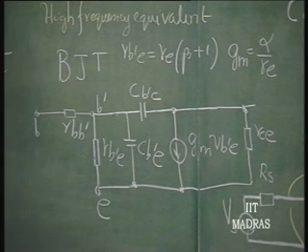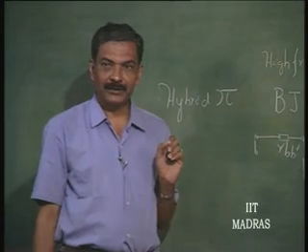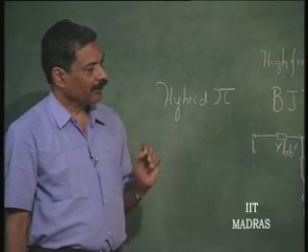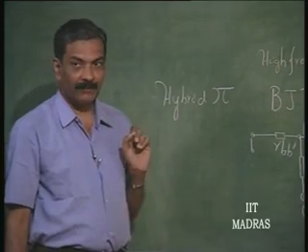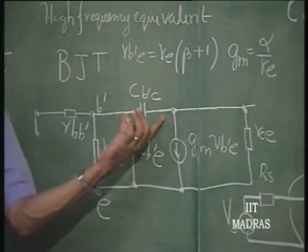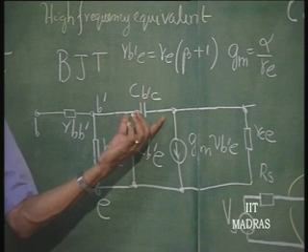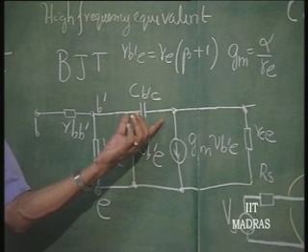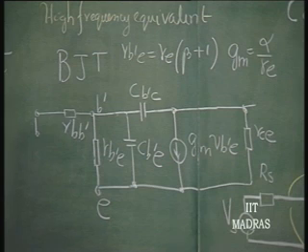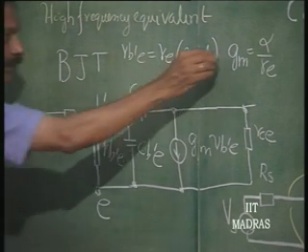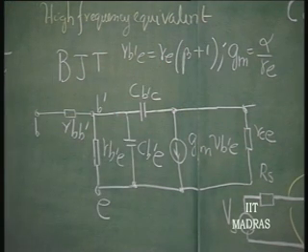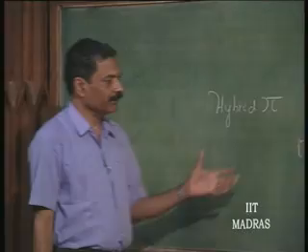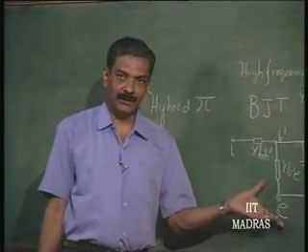So, it is called the hybrid pi equivalent circuit, which is the most commonly used equivalent circuit for a common emitter transistor at high frequencies. In fact, you can put a high resistance across this, which is going to be of the order of hundreds of megohms. So, that is of no consequence for high frequencies. So, these are the important parts of the equivalent circuit. So, when we discuss a wideband amplifier, we should put down this equivalent circuit in order to do the analysis.